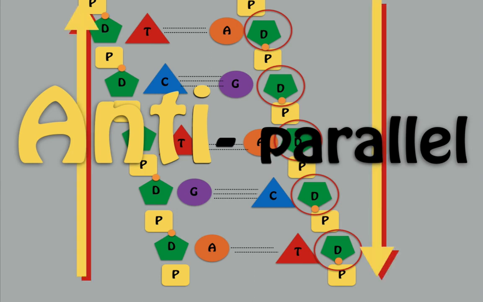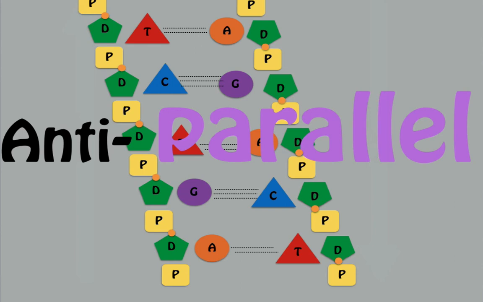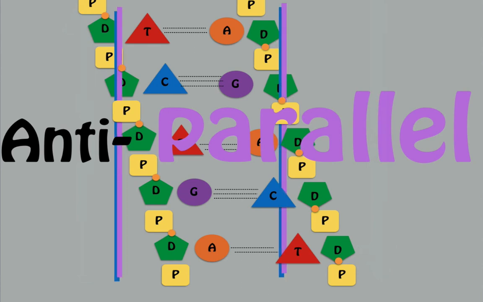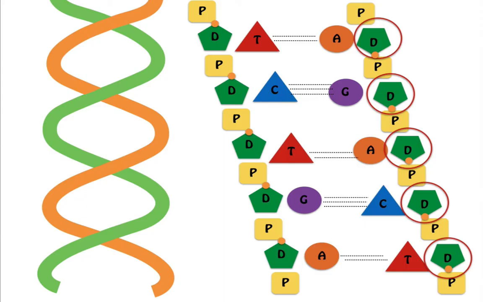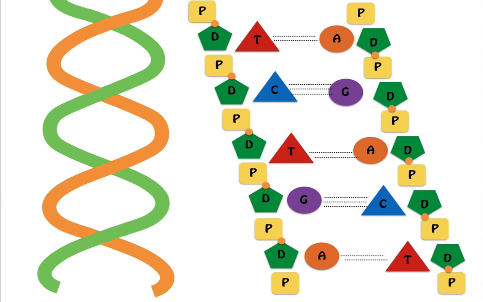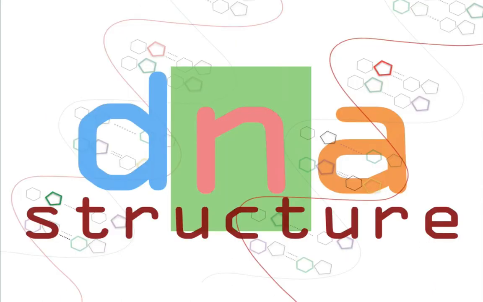So anti, again, meaning the sugar molecules are pointing in separate and opposite directions, but yet they're parallel. So DNA is a double-stranded, anti-parallel double helix. So it's a ladder, but it's a ladder that's twisted. Okay? All right, so that does it for DNA, its structure, and location. Good luck in your studying.